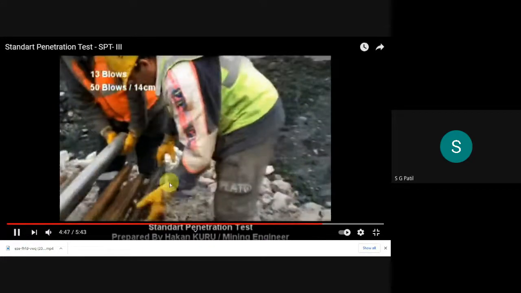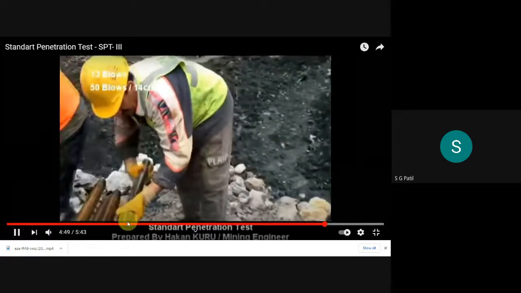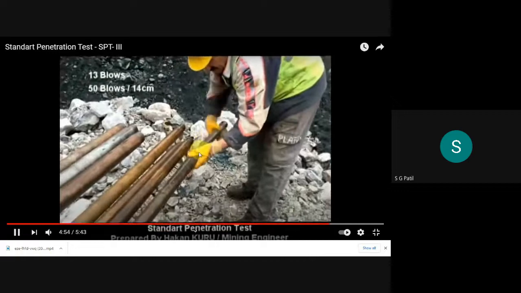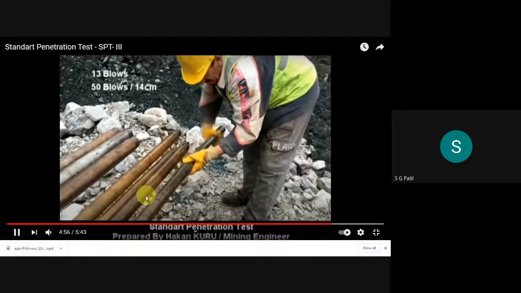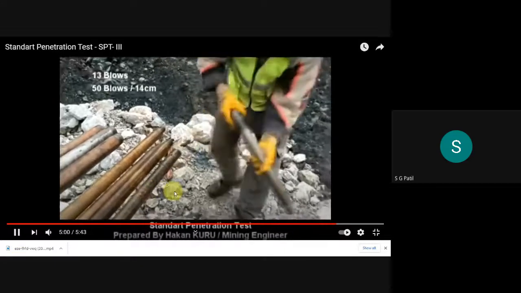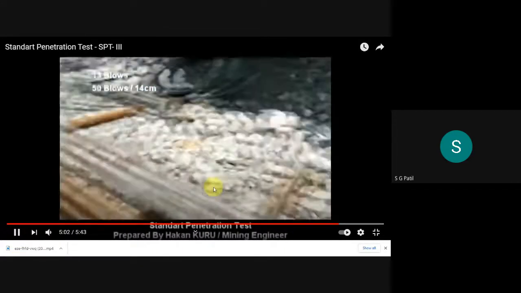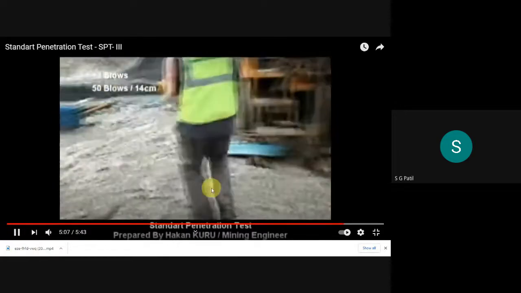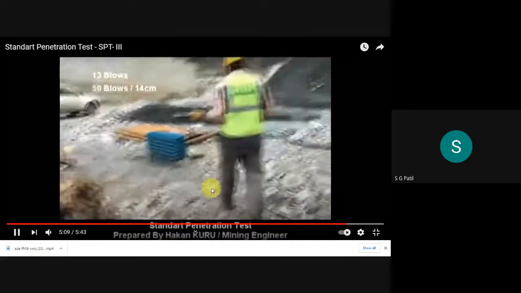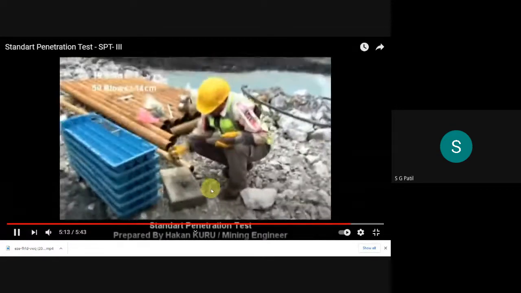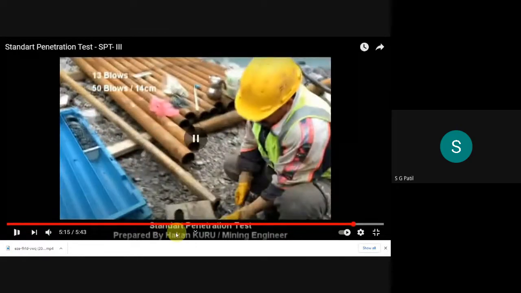See, now they are removing the split spoon sampler from that drill rod. See, this is the drill rod, and this is your split spoon sampler. Now they are removing the split spoon sampler. Here they removed this driving shoe.